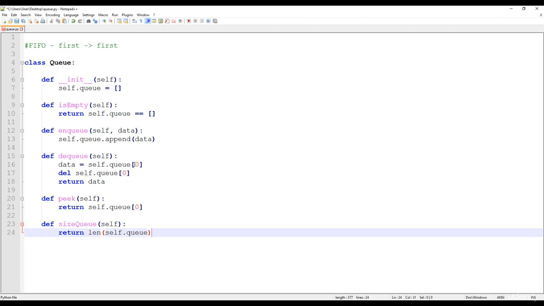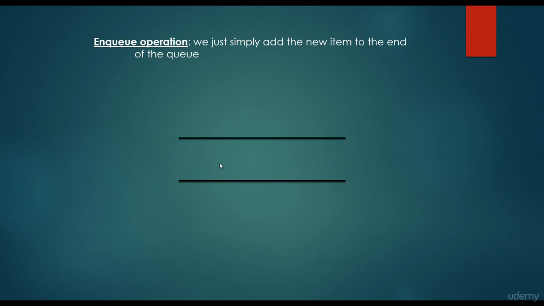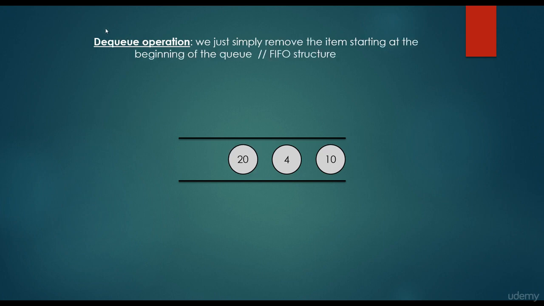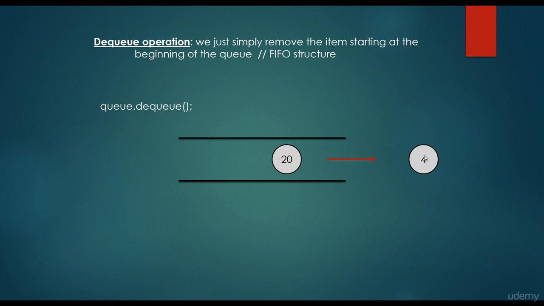Okay, something like this. So this is the queue abstract data type. We keep inserting items 10, then 4, then 20. The dequeue operation is going to take the first item we have inserted, which is the 10. Then we take out the 4 when we call dequeue again. So this is how queue abstract data type works.